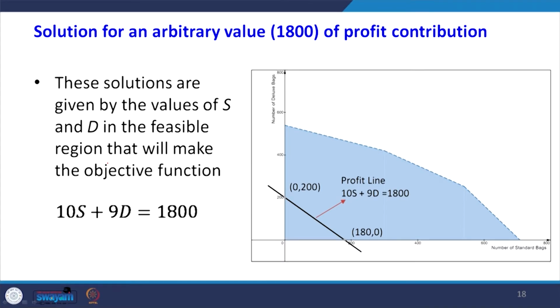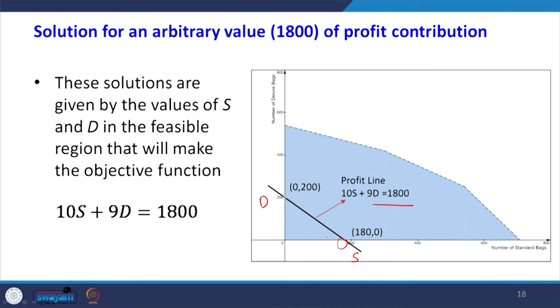Suppose I want to make a profit contribution of $1,800. So, this is the line 10S plus 9D equal to $1,800. If I want to make this much profit contribution, I have to find the values of S and D. Because the line intersects the x axis and y axis, I can find where it intersects.